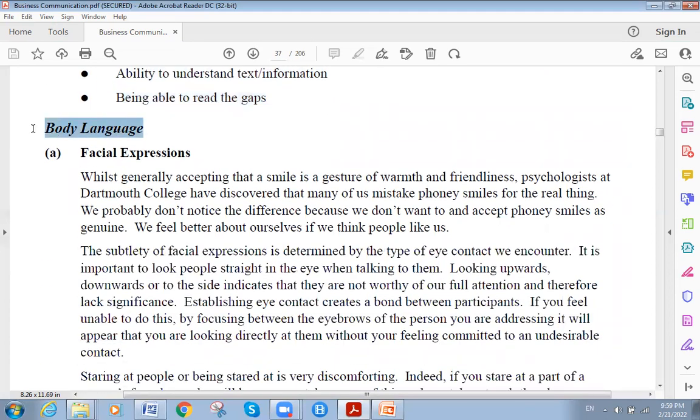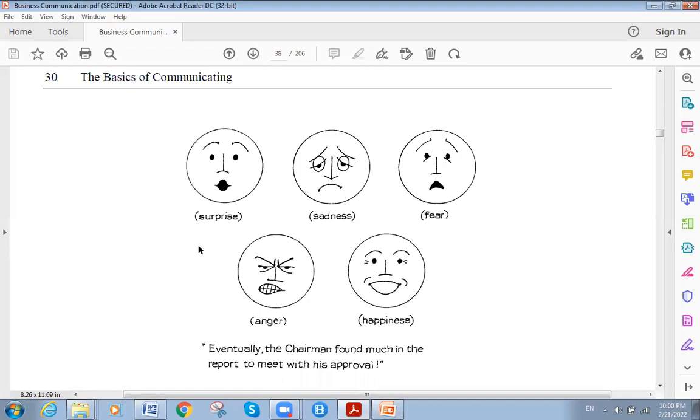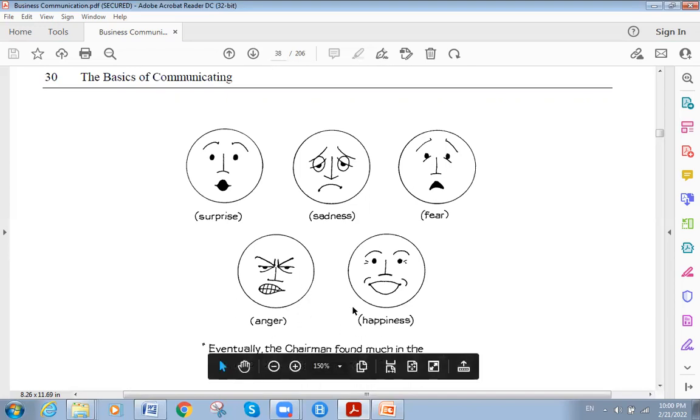So body language includes facial expressions, which everybody has. If I look at your face, I will know that you are angry, happy, upset, or frustrated. Here as an example, this looks like surprise, this looks like sad, this looks like fear, this looks very angry, this looks very happy.